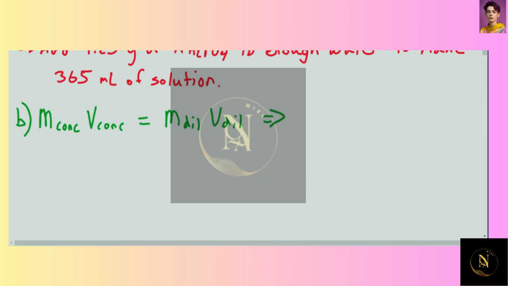So we know our expression for dilution is concentration of the concentrated sample times volume of the concentrated sample equals the concentration of the diluted sample times the volume of the diluted sample. So what we want to calculate here is the volume of the concentrated sample. So we have M diluted times V diluted divided by M concentrated.